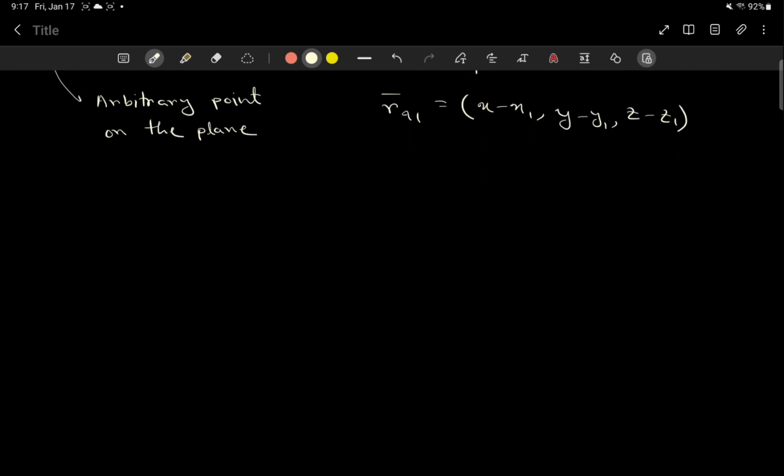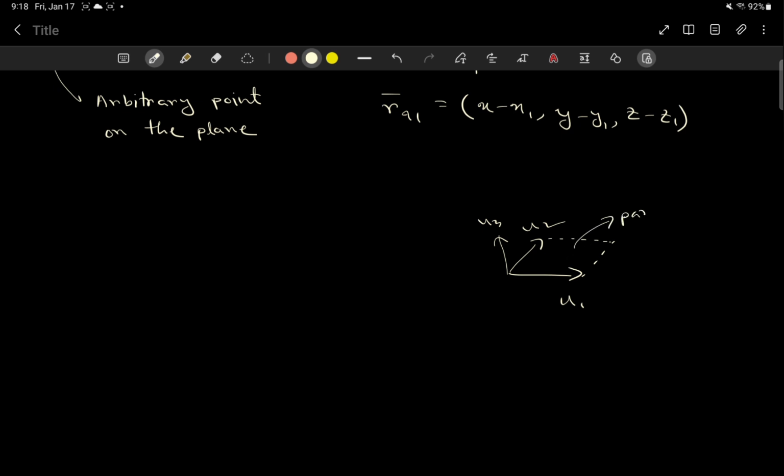Usually if three vectors, let's say u1, u2 and u3, are not in a plane, then u1 and u2, of course two vectors, make a plane, I mean define a plane if this point is specified.